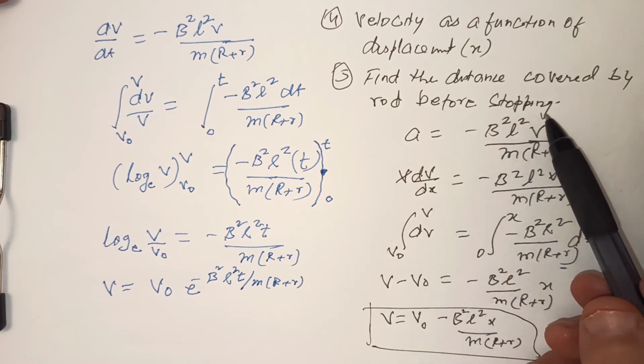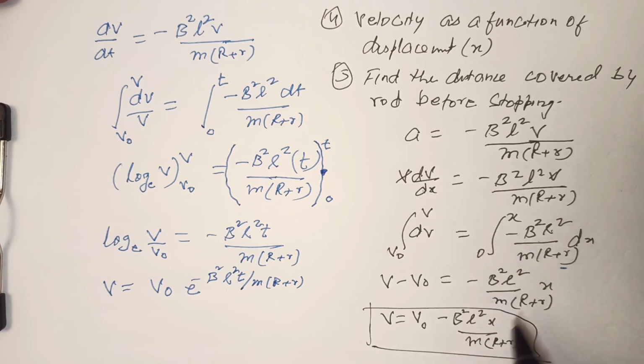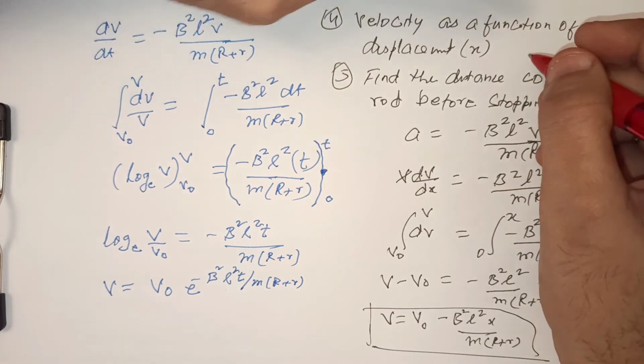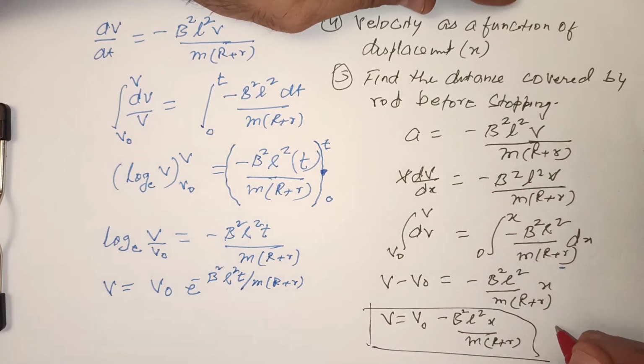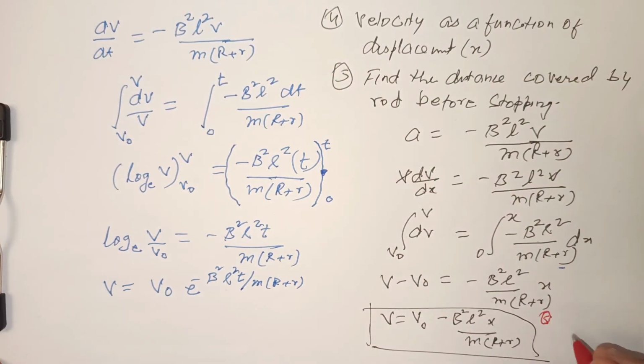Find the distance covered by the rod before stopping. Very simple. In that case, before stopping, v is equal to 0. So if I just substitute it here, fifth would be 0 is equal to v naught minus B square L square x by M into R plus r, correct?